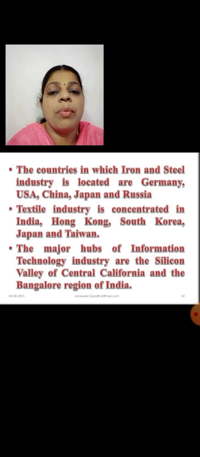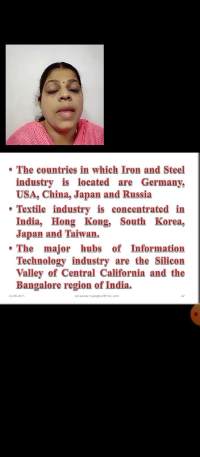The next, the major hubs of information technology industries are the Silicon Valley of Central California and the Bangalore region of India. So children, we know that various info technology parks are there in Bangalore city.